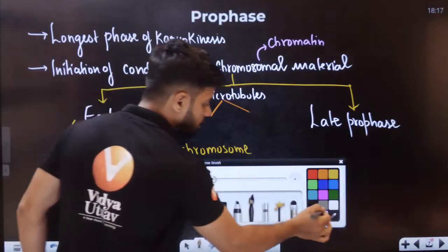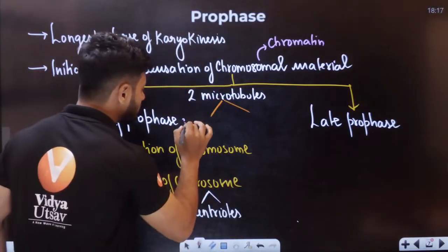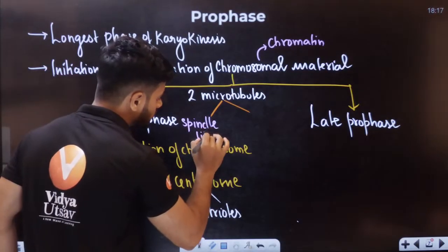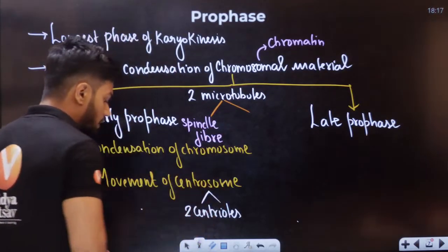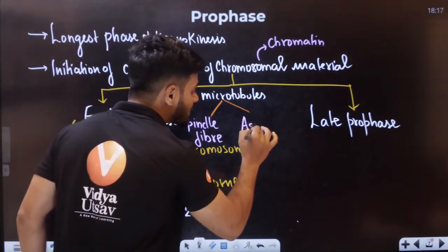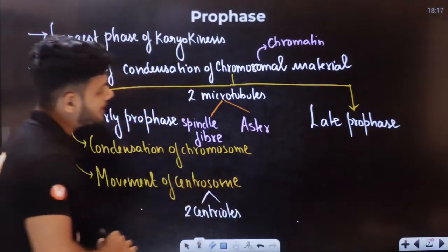One is called your spindle fiber. One more is called asters.